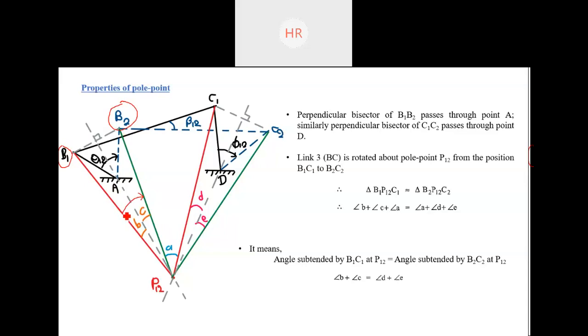So to coincide these two lines, you have to move this much angle B plus C. So as it is said, this red color triangle is rotating about point P12. So जितना एंगल ये साइड पे मूव होगा उतना ही एंगल ये साइड पे भी मूव होगा. This angle and this angle are actually equal. That is what it is said. Angle B plus C is actually equal to angle D plus E.